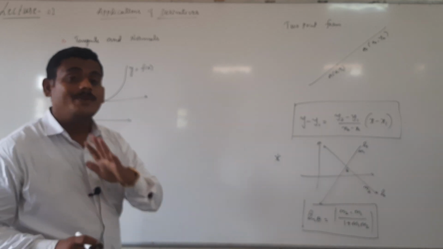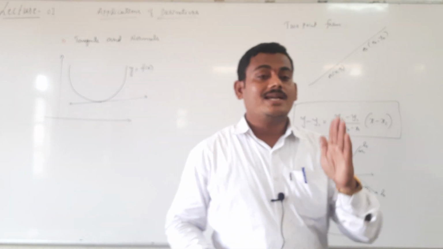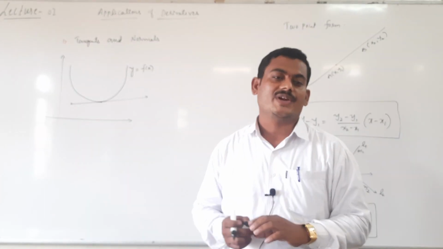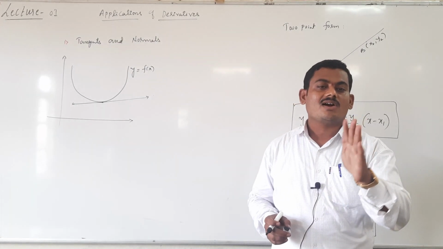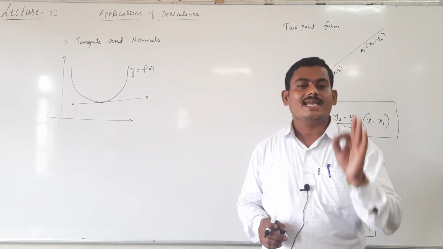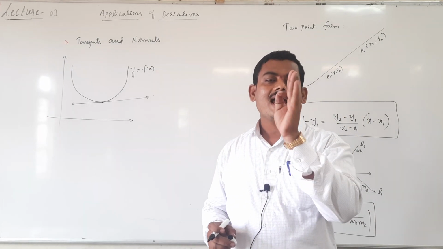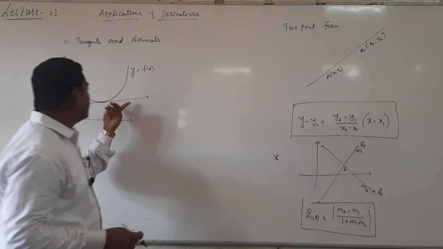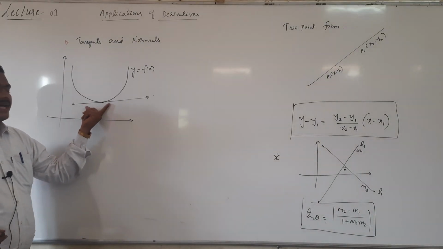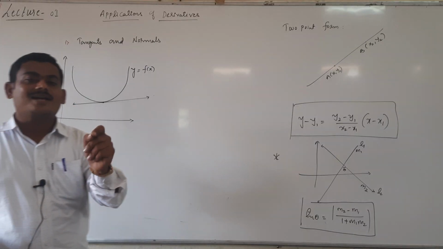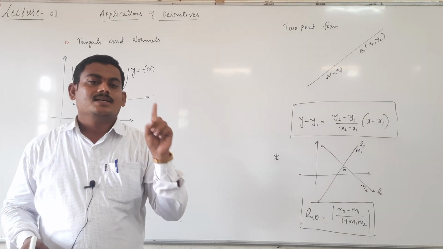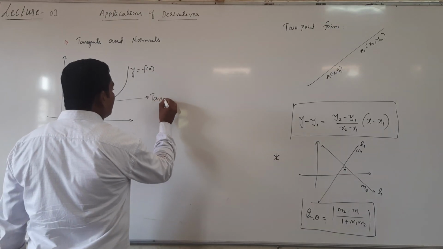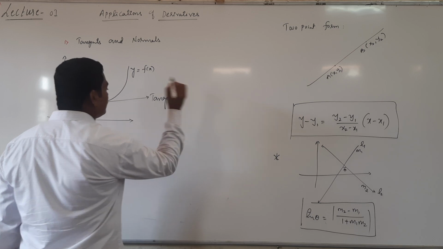A straight line touches the curve exactly at one point, then it is called a tangent line. This is tangent line or simply tangent.